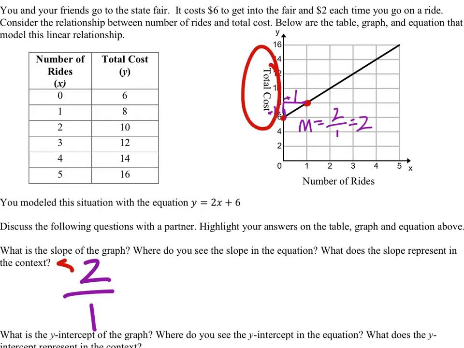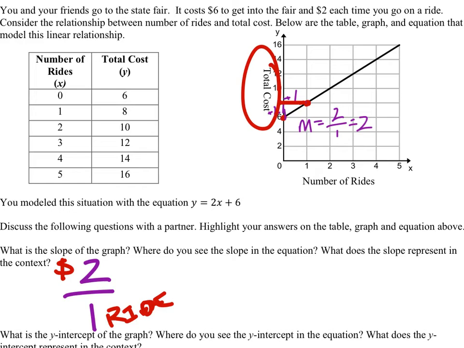So it would be $2 to 1, which is the change in the x's up in here. That was the number of rides. $2 per ride. And this would be our slope on this graph and equation and the table.